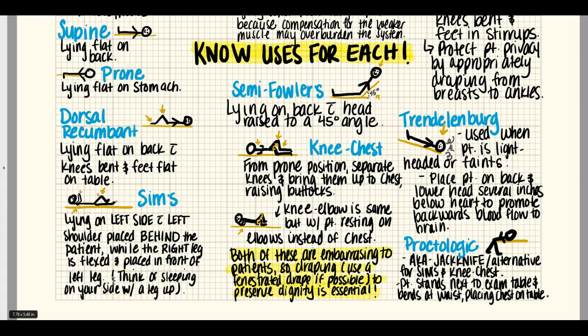So if you're trying to get a mental image of this, think of sleeping on your side with your leg hiked up. If you're laying on your left side asleep with your torso kind of bent forward and your arms up, under your pillow, and then your right leg up. That's kind of what that would look like.